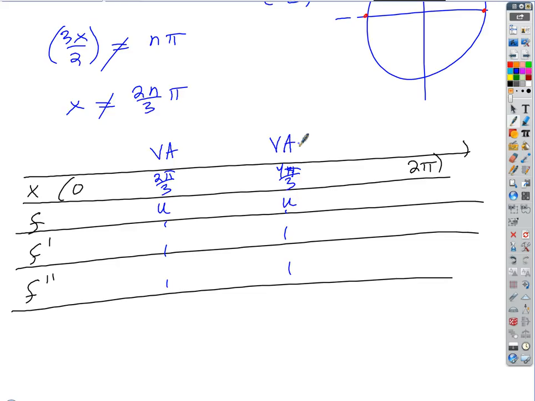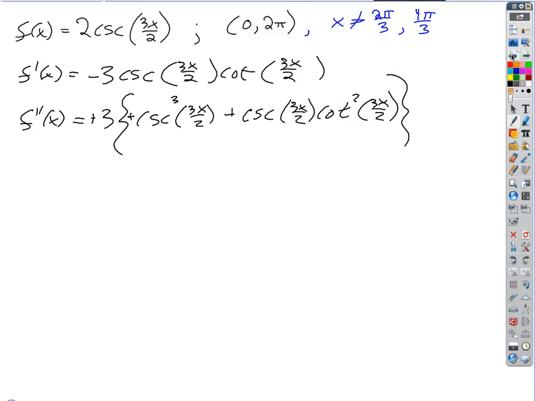How cool is that? So now we've broken up our table into 3 distinct universes that are separated by these vertical asymptotes. Those are important features in our graph, aren't they? Those vertical asymptotes. And they show up in our table really easily. All right, so now we'll go back and we'll find critical numbers.